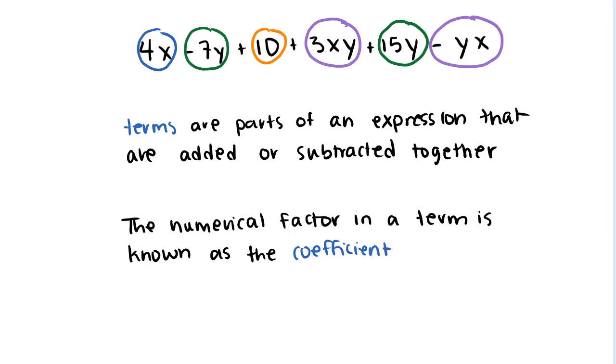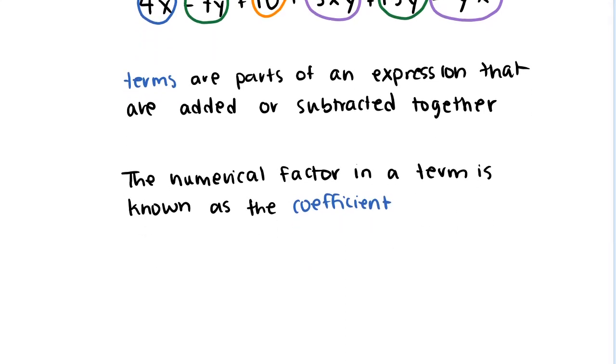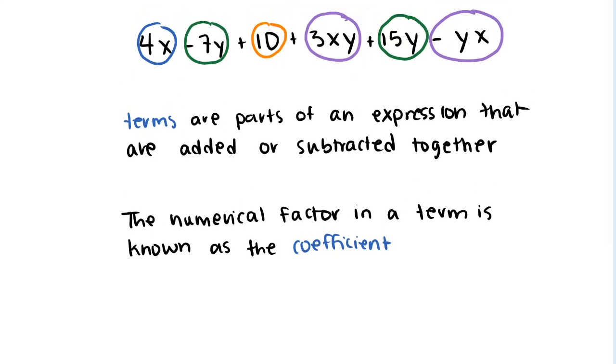This is a word that's used very frequently and you want to be very comfortable with. All it's saying is, if you have a term, it's the number that's being multiplied in that term. So here, if I look at this first term, 4x, what's the coefficient of this?